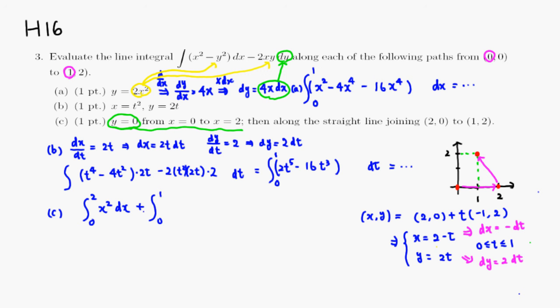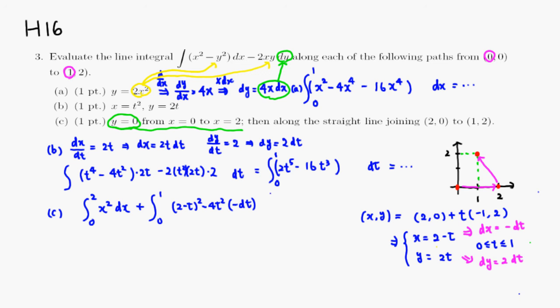Then we just plug these things in. x is 2 minus t, so you have (2 minus t) squared minus y squared, so minus the 2t squared, so it's 4t squared. And the dx is negative dt, so you have to put the negative sign, so I'll put the negative dt.